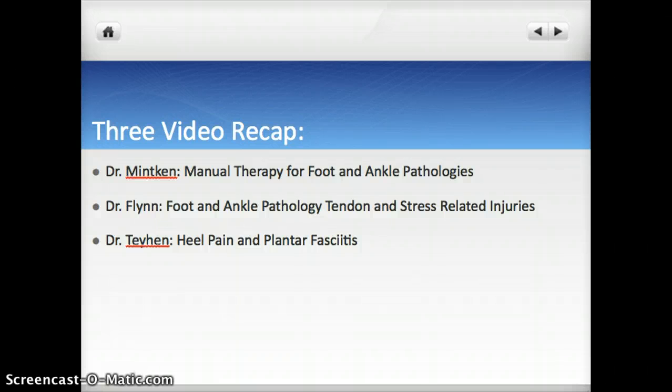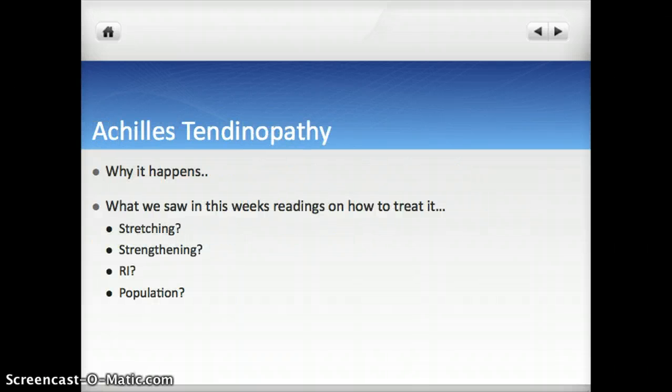Venturing into more specifics on Achilles tendinopathy: why it happens, that stress ratio, and how we differentiate between tendinitis, the inflammatory process, versus chronic wear and tear. We saw in this week's readings how to treat this: some stretching, some strengthening, and regional interdependence.